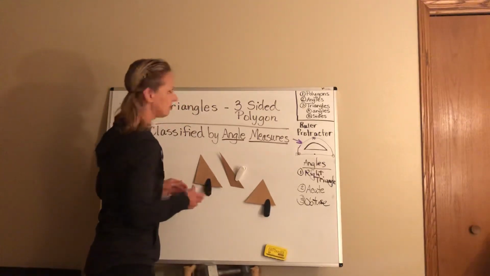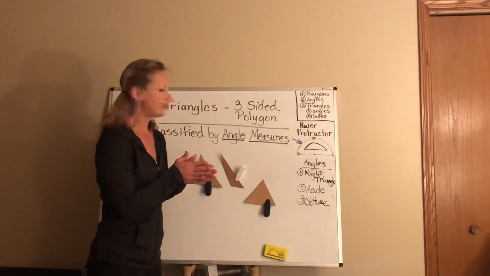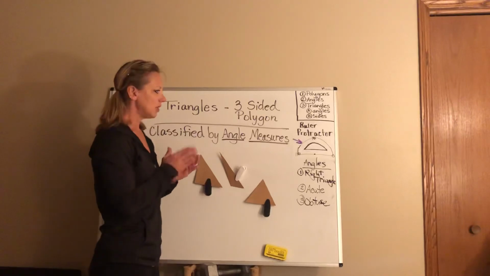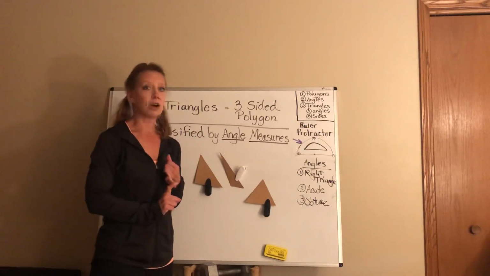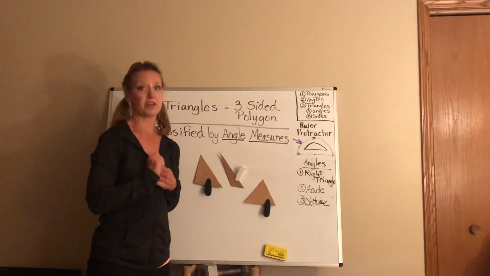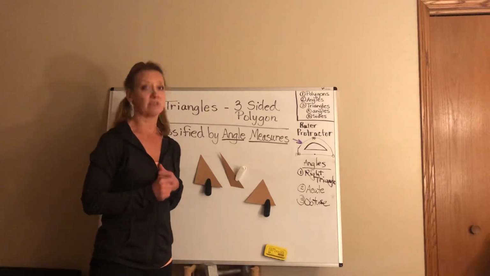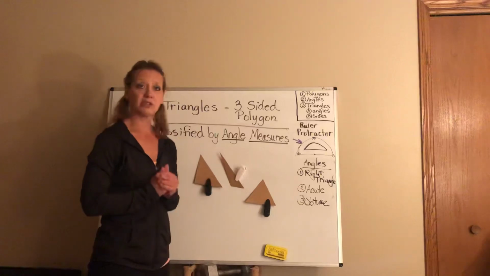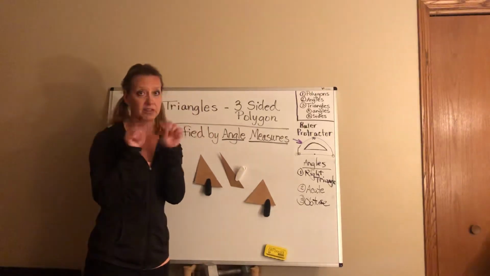All right, guys, so we've classified triangles by their angles. You can have a right triangle. All you need is one right angle, and that triangle becomes a right triangle. You can have an acute triangle, but all three angles have to be acute.